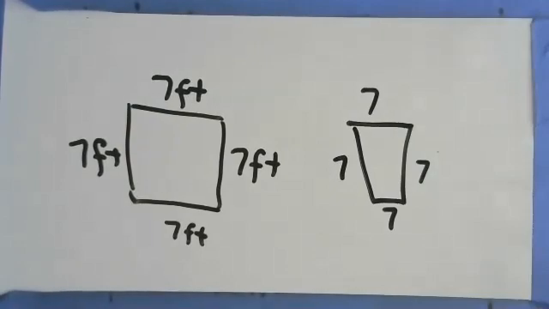And you have to work with that, even if it doesn't look like they're all 7 feet long. So we don't have to draw things to scale. We use the words and the quantities that are given in the problem to help us understand what it should look like. And if we don't happen to draw it to scale, that's okay.